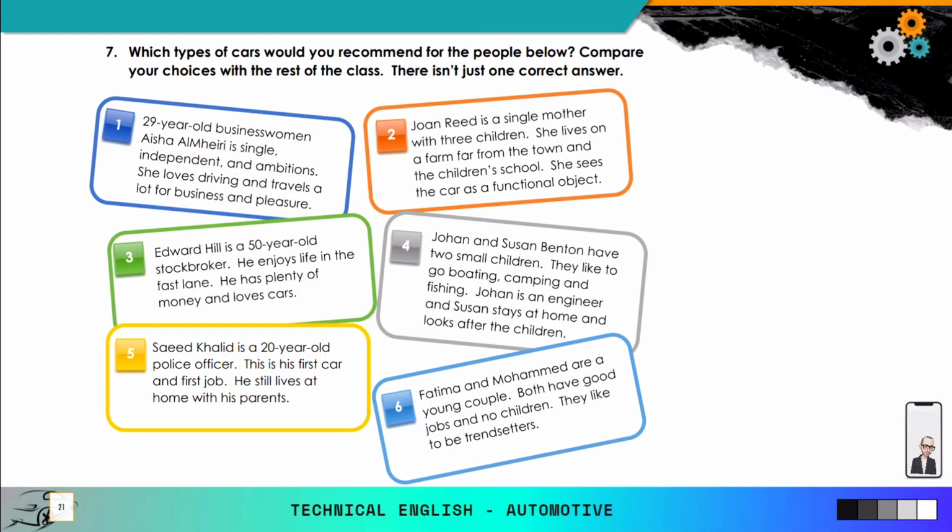Right, and this will be the last task. What you have here is 6 short texts, each of them describing a person or people in specific situations, and we will have to recommend different cars for them. We will finish this one in the class here and we will have a discussion about it.